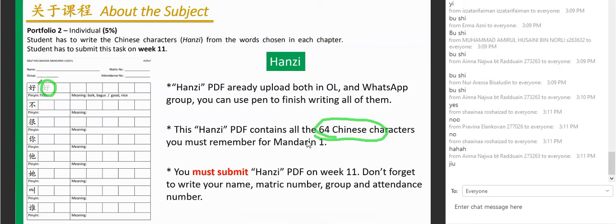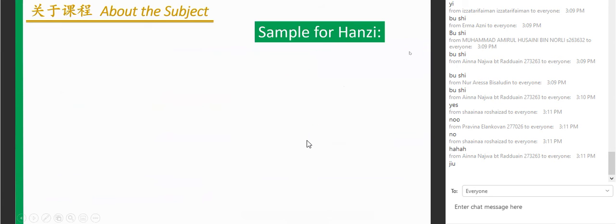The characters we give you in gray color, you also have to rewrite. Only the first one you don't need to write. Starting from the second until the last one, you have to write all of them. Then I gave you an example here, the sample for character writing.